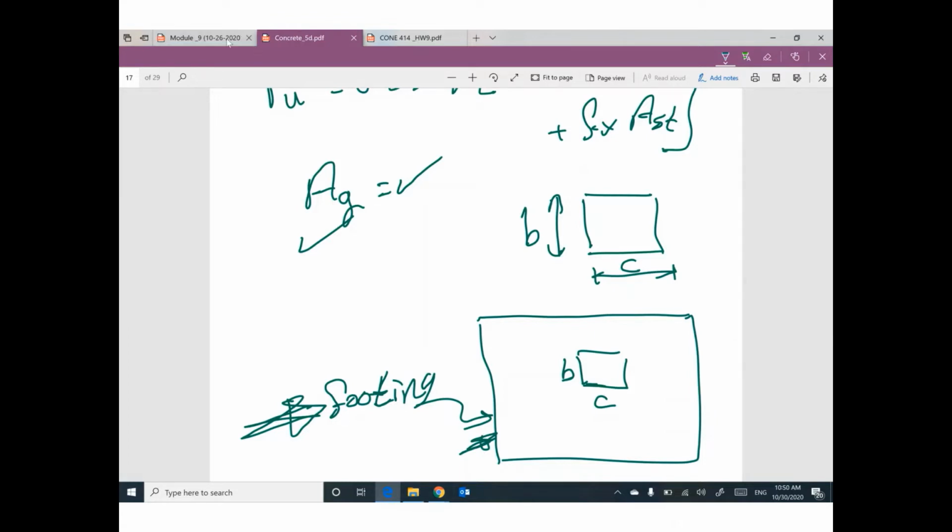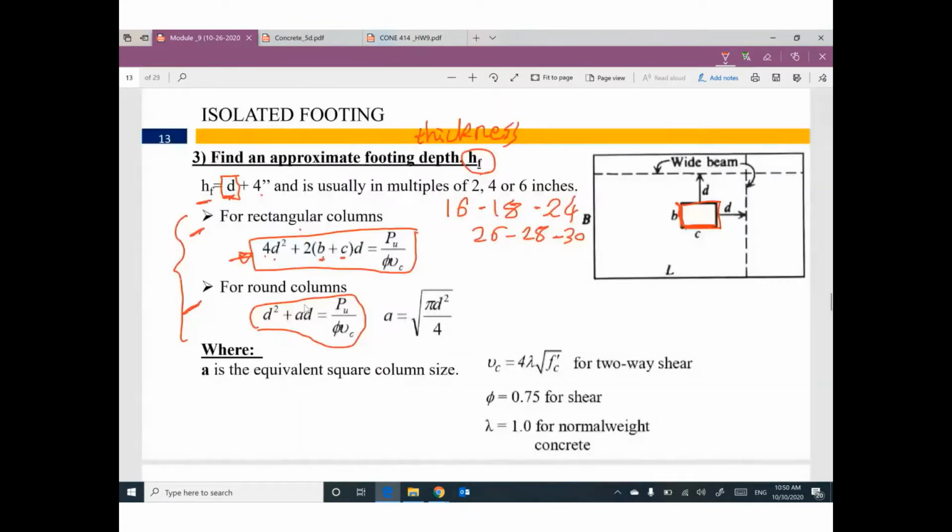Okay. So B and C, the 2 dimensions of the column, D is the depth, P ultimate is the ultimate load, phi equal 0.75, VC or nu C equal this expression, for lambda equal 1, square root of F prime C. So we have an equation of the second order.